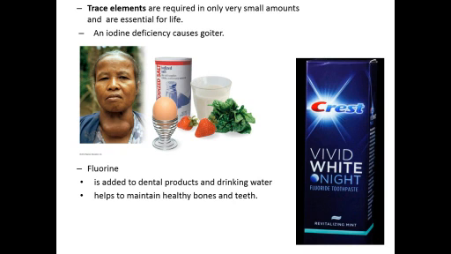A deficiency in iodine leads to enlargement of the thyroid, which is a goiter. Think about it. We don't really see a lot of goiters in our country, and you don't see a lot of goiters in developed countries because of our diet. We have access to food.